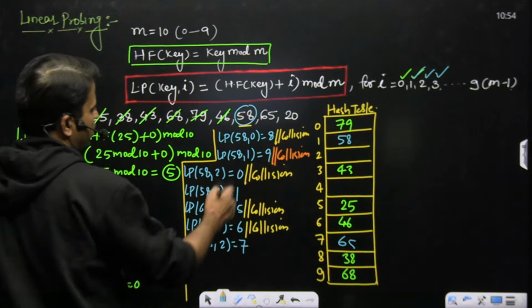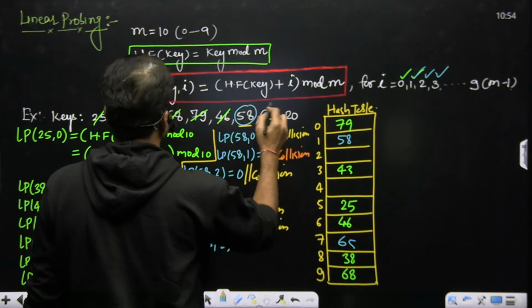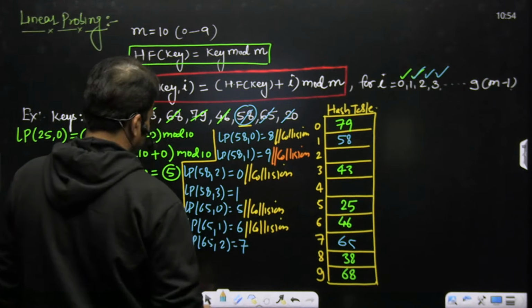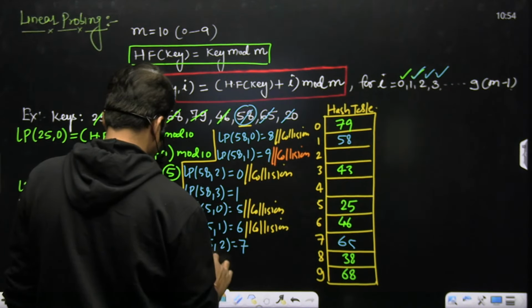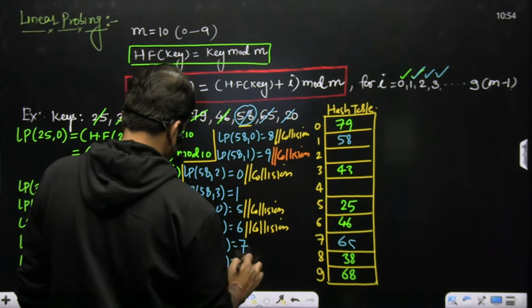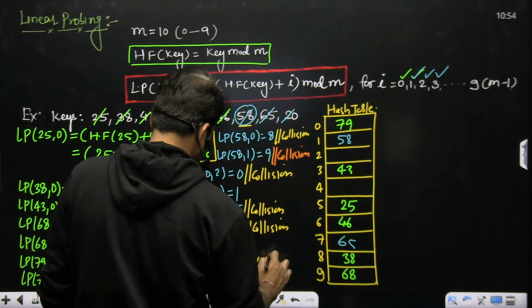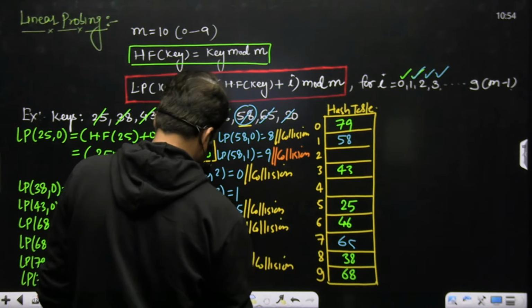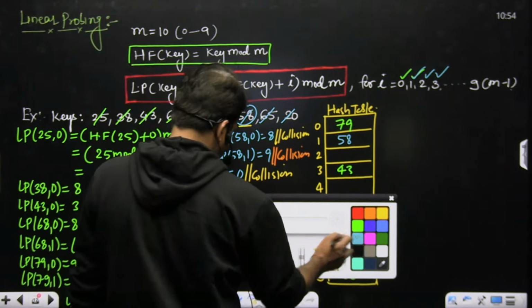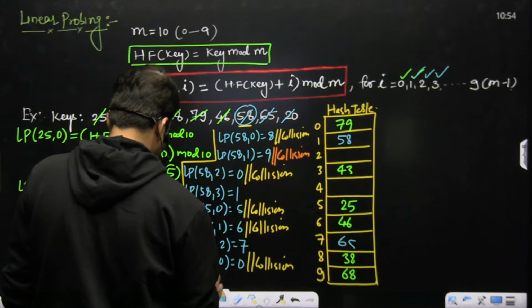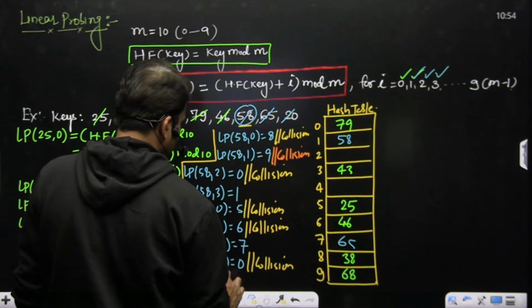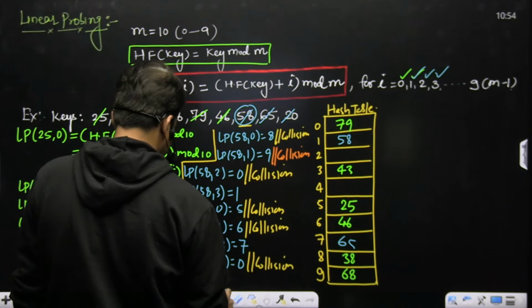Okay. What is remaining? Set 20. 0. So here collision. So 20 पे collision हुआ. Now choose I value equals to 1.